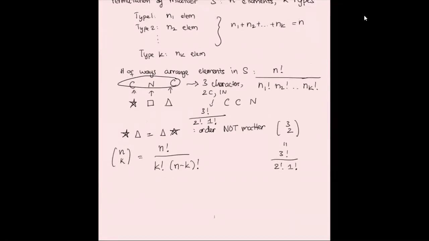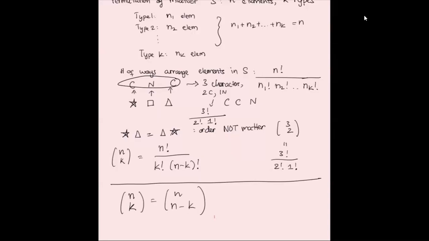Next one, we will talk about a very famous identity. I don't know another word for it, but you have n choose k is equal to n choose n minus k. You can show this algebraically that the equality is true.